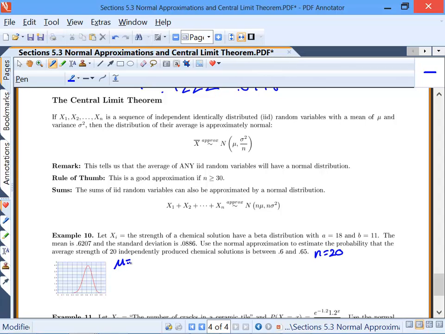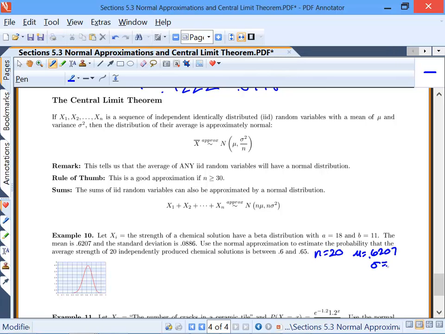I need to know my mean. So my mean is going to be what? Let's start with this. Okay, so the original mean was 0.6207.